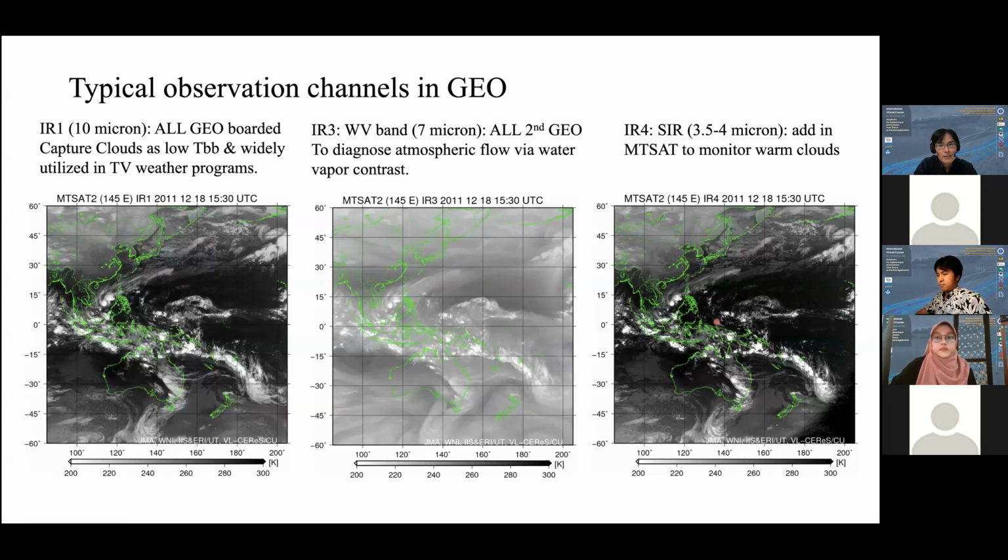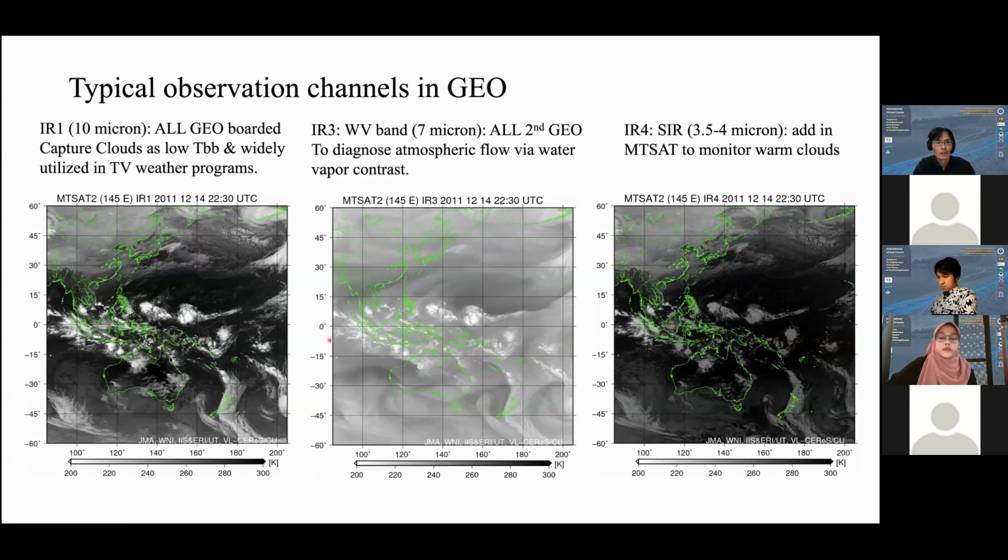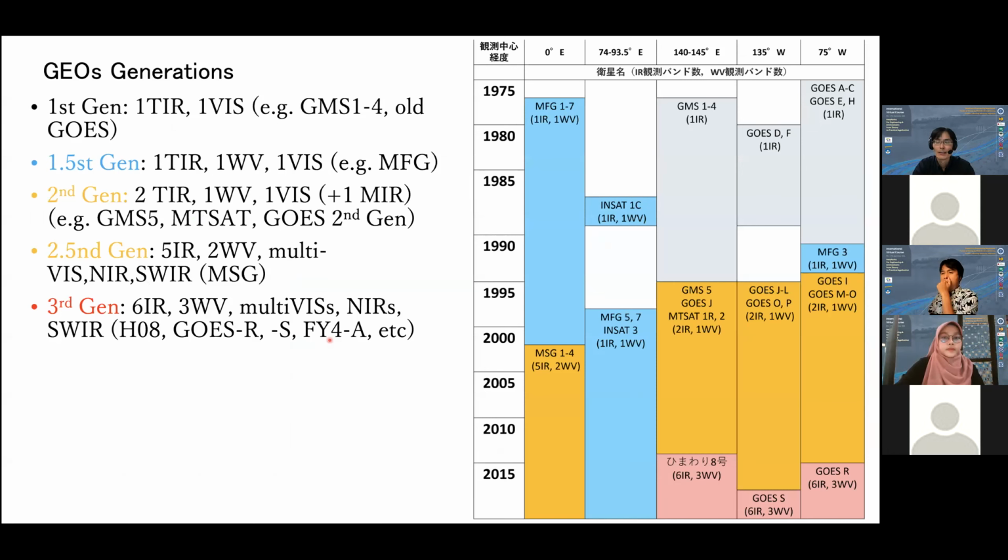Such geostationary observations have generations and a history. The first generation has one thermal infrared 10 micrometer wavelength and one visible band. Only 2 channels are available, and the 1.5 generation has one thermal infrared 10 micrometer, one water vapor channel, and one visible band.